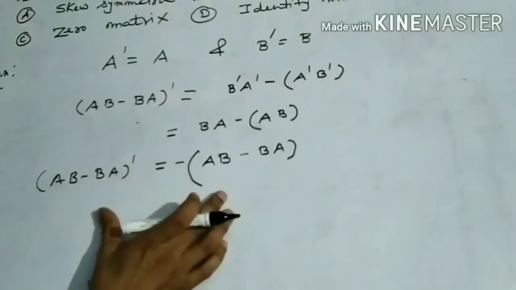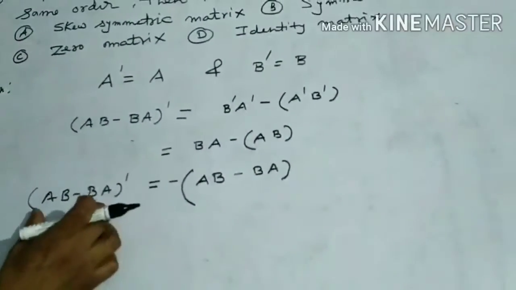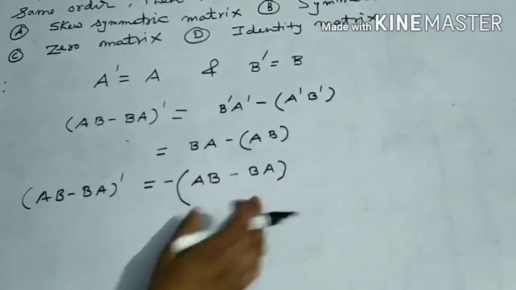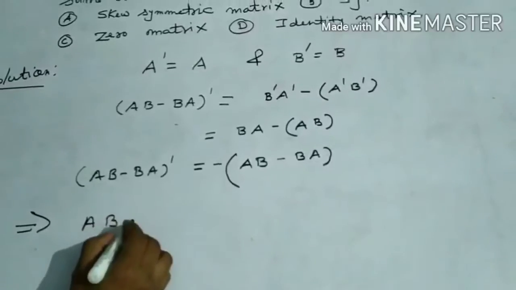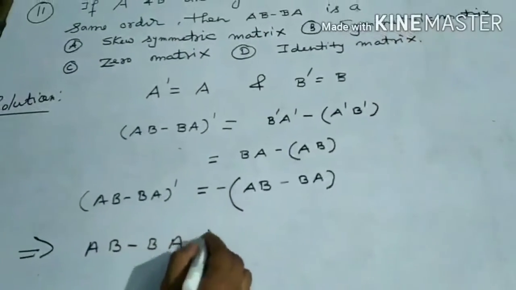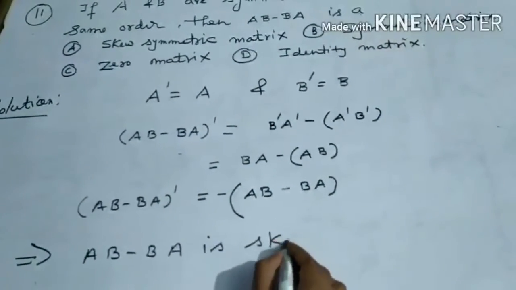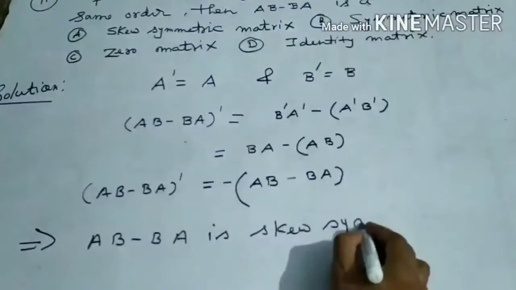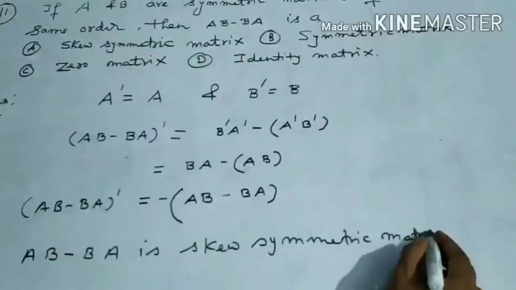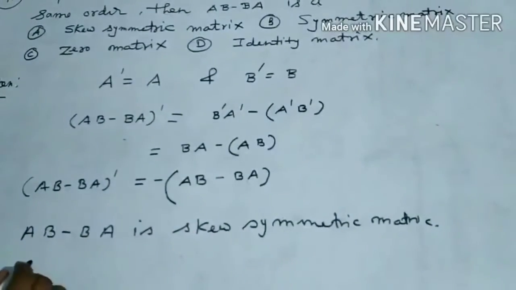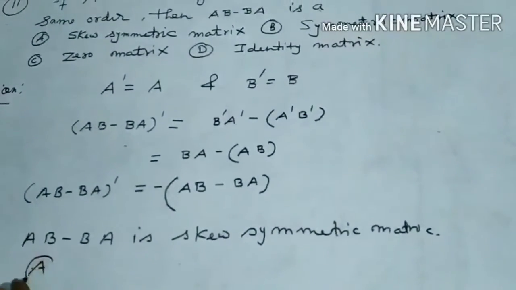So this is the transpose of AB minus BA, which is the minus of this matrix. It means that AB minus BA is a skew symmetric matrix. So option A is correct.